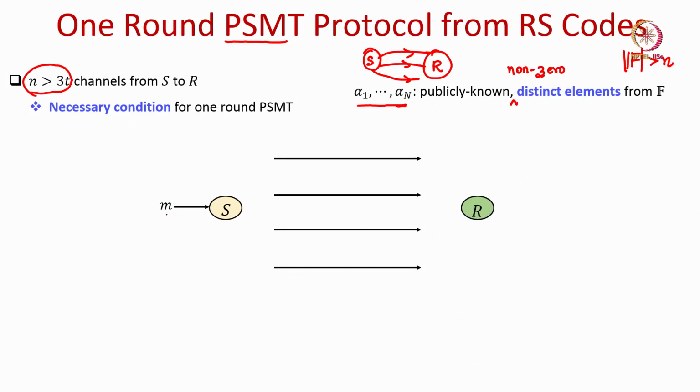We assume here that the sender has some message m, which is an element of the field and which is known only to the sender, and we want to design a protocol which allows the sender to securely communicate it. Now, what the sender does here is the following.